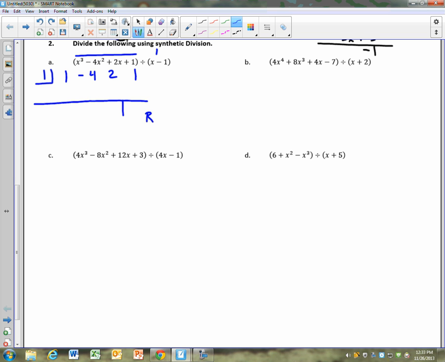We take the 1 and drop it down. Then you take the number in the corner, or 1, and you multiply it by that. What's 1 times 1? And you put it here. Instead of subtracting, you add. What's -4 plus 1? -3. 1 times -3? 2 plus -3? 1 times -1? 1 plus -1?